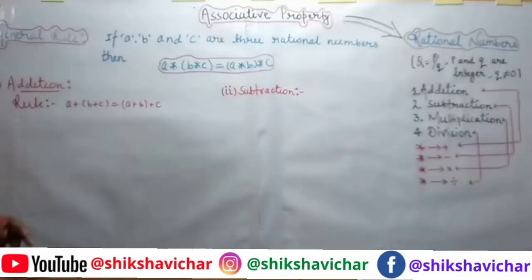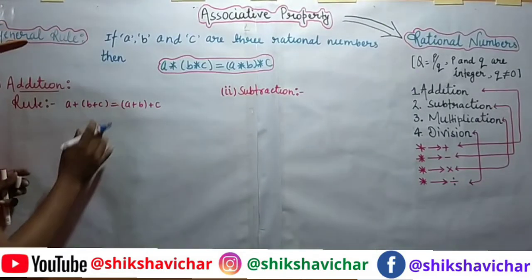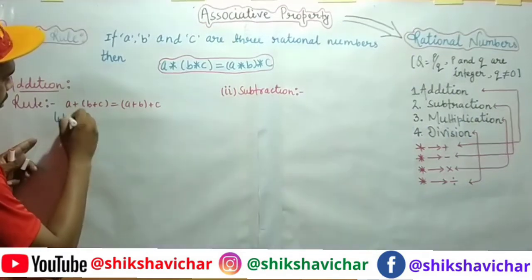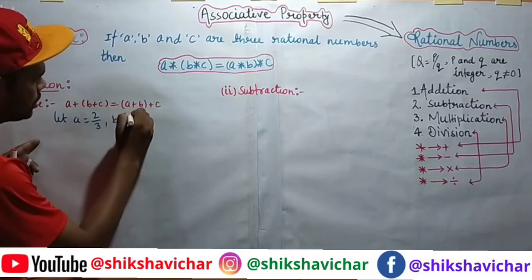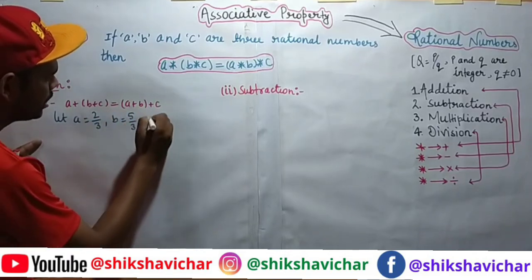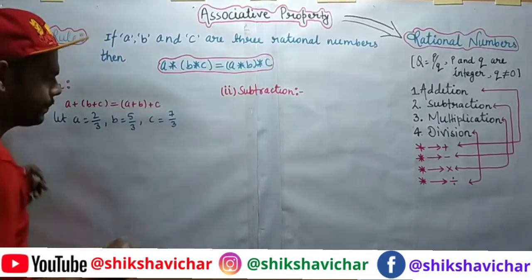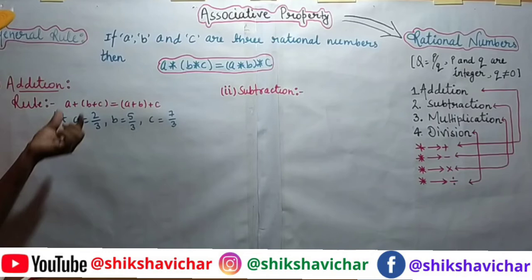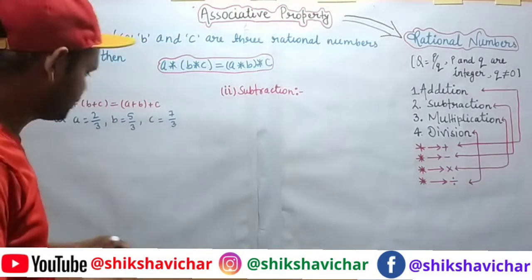To check the verification, we have to take three rational numbers and then we will check this result. Let a equals 2 upon 3, b equals 5 upon 3 and c equals 7 upon 3. Then we will solve left hand side and then right hand side and see what output comes.